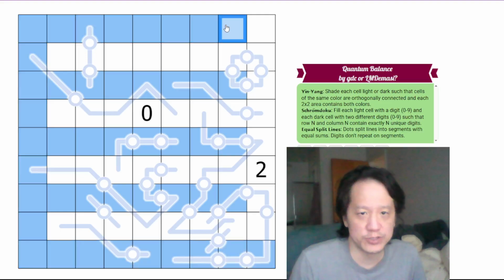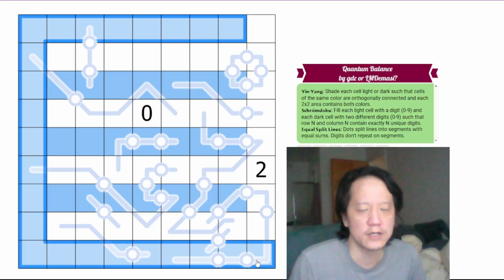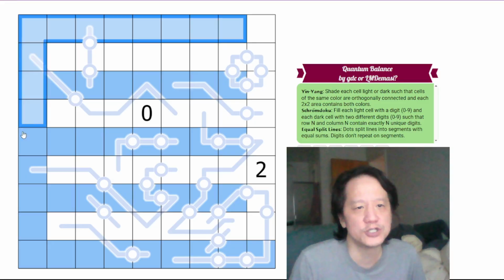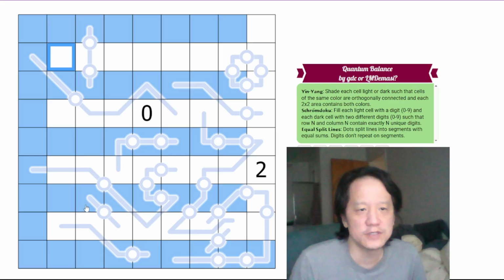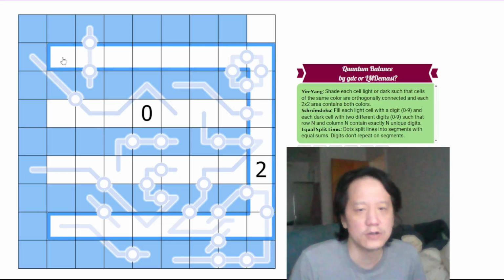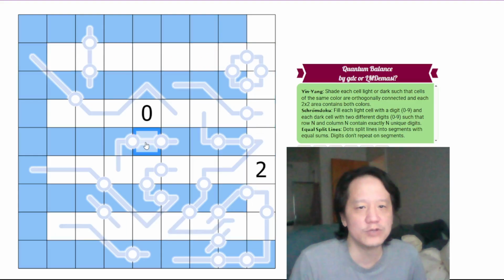So for example, to get from this cell to this cell, you can just go here, and then here, and then here. And that would be all through edges, all while staying within the shaded region. Same with this region. To get from this cell to this cell, you could go here, here, not there, here, to here, to here, and that would be all traveling through edges, all while staying within the region.